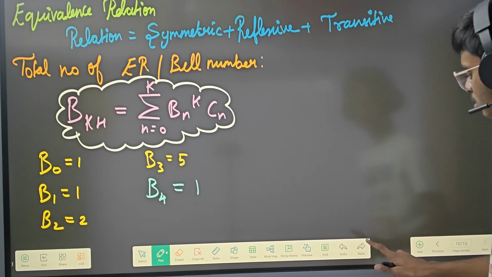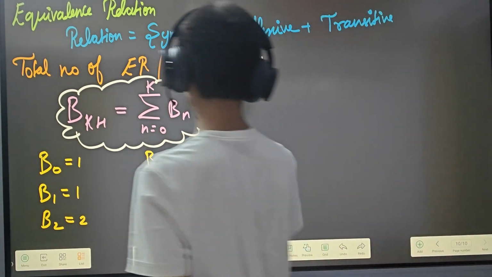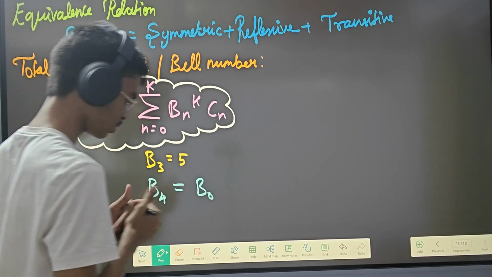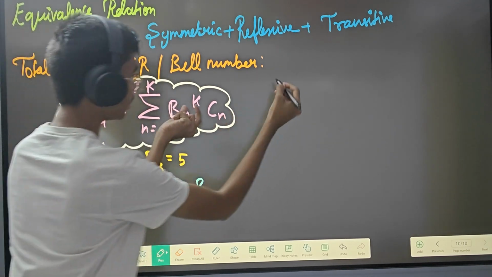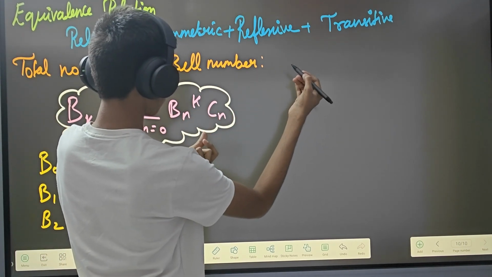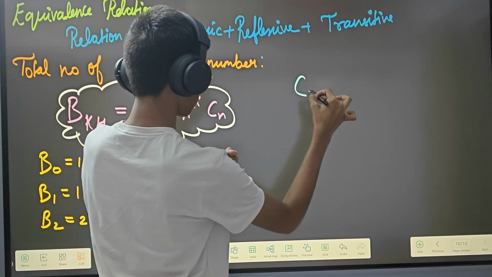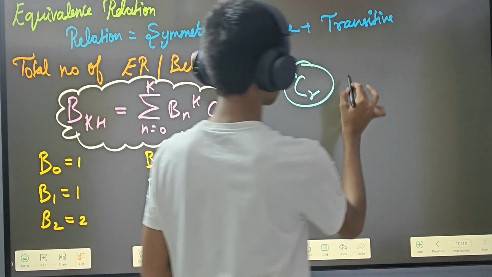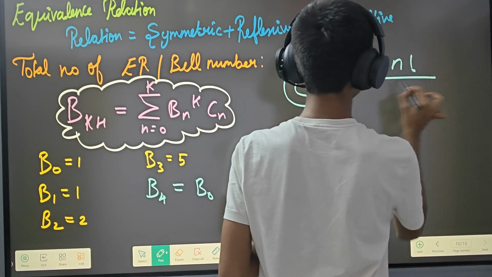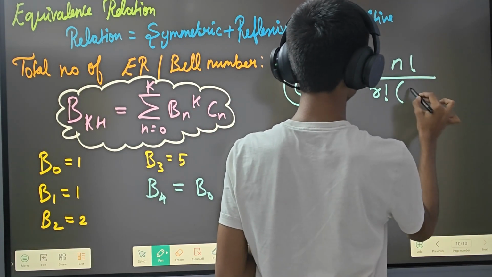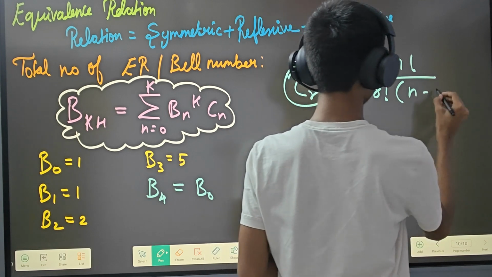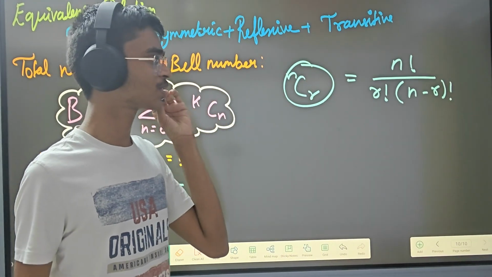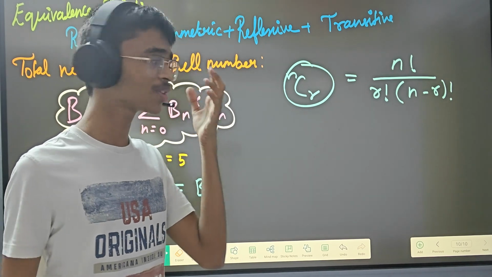So B0, then into the combination, which we know now: n factorial divided by r factorial times (n minus r) whole factorial. We have studied this formula for combinations, and I hope it is correct, yes, it is correct, from the 11th concept.